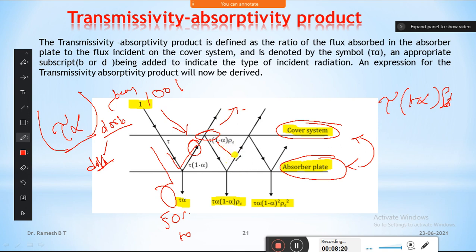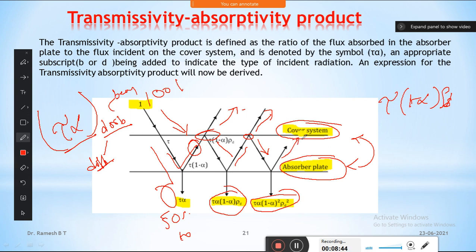Clear? And again some portion will reflect and some portion will absorb, and this strikes the cover, and here some portion will reflect and some portion will refract. Again that refracted part goes onto the absorber plate, it will absorb some portion, and on that some portion again reflects.